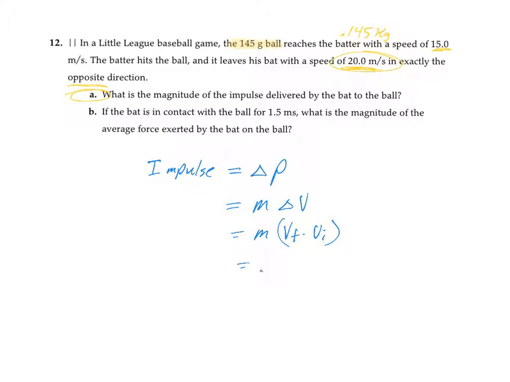My mass, we just decided, was 0.145 kilograms. My final velocity was negative 20. My initial velocity was 15.